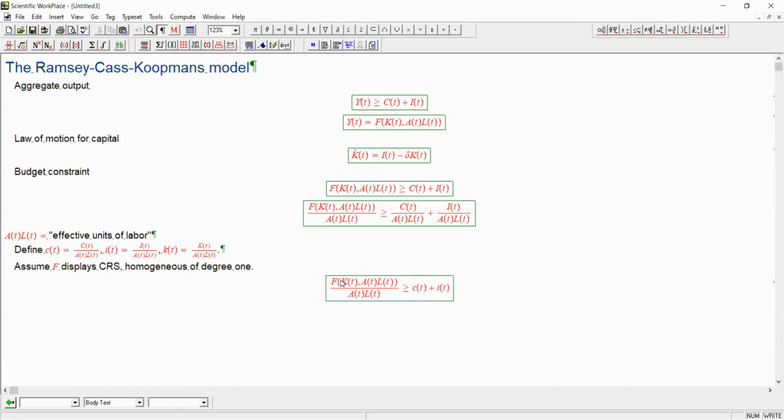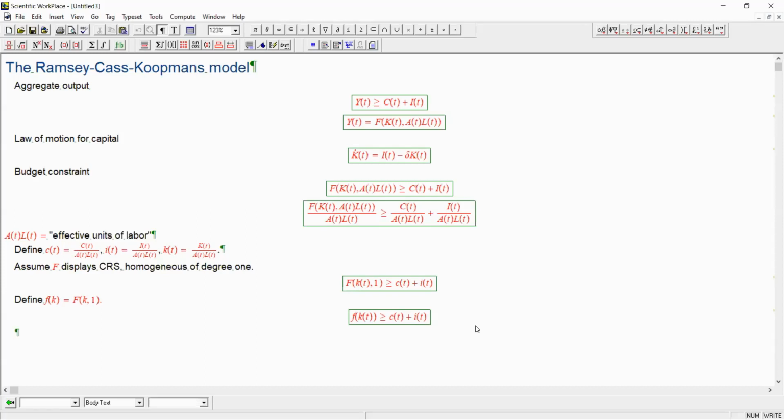And this becomes F of small k times 1 and 1. So as a shorthand, let's now define little f of k to equal big F of k and 1. And so we can write this in a simpler form just as f of k of t. Great.